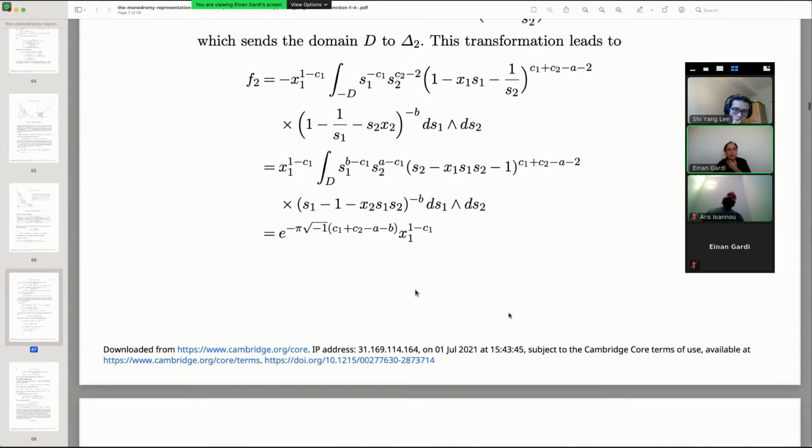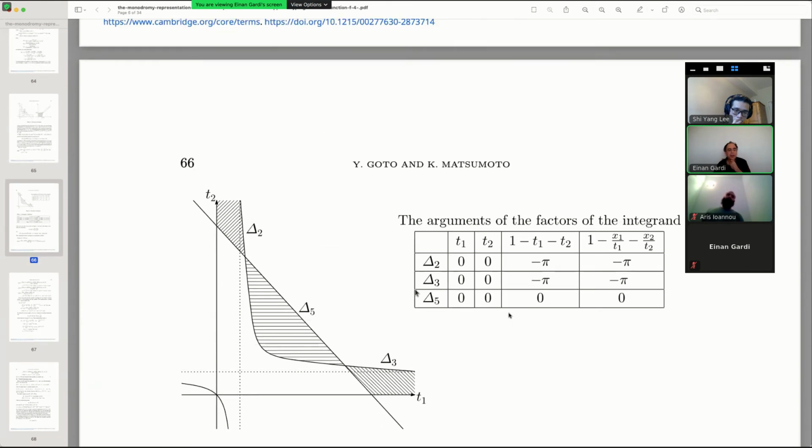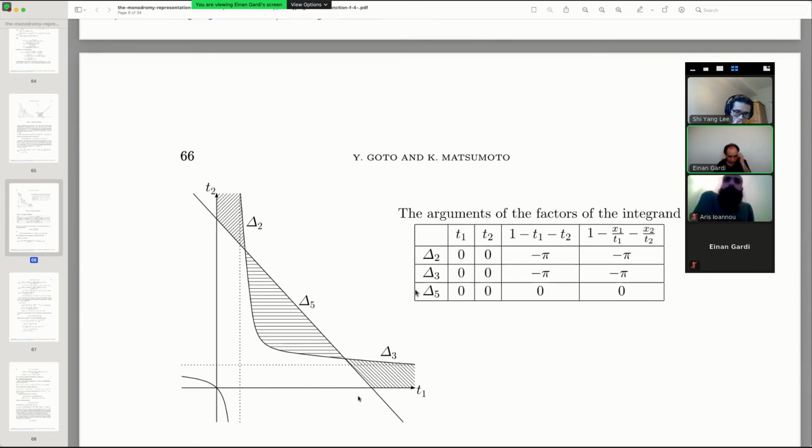Okay, so basically the statement is that so long as delta 5 is within the region 0, 1, 0, 1, we are not going to have a branch point.